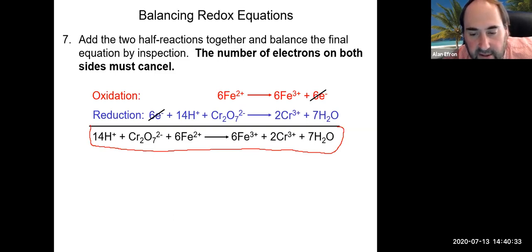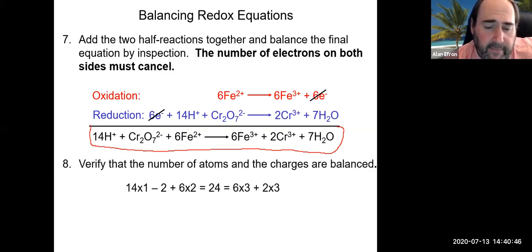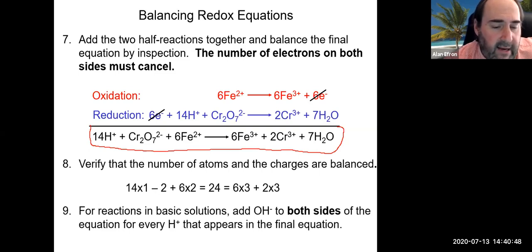Any questions on that? Now, if we want to balance this in basic solutions, what we would do at this point is add OH minus to both sides equal to the number of H pluses that we have.